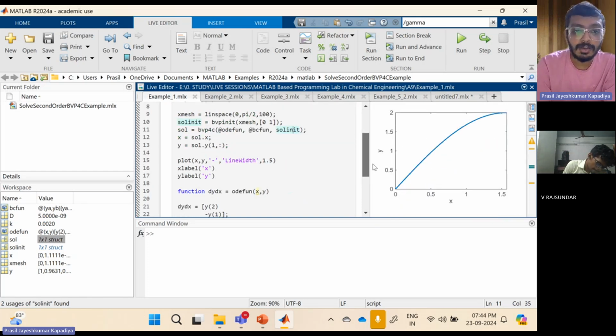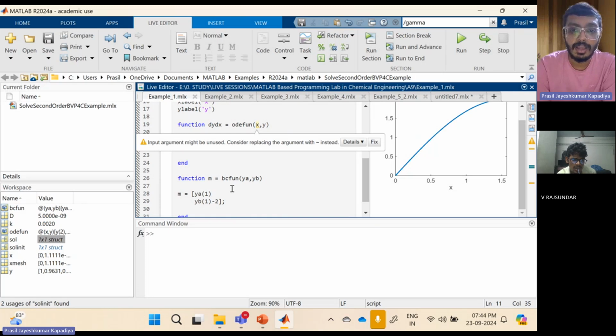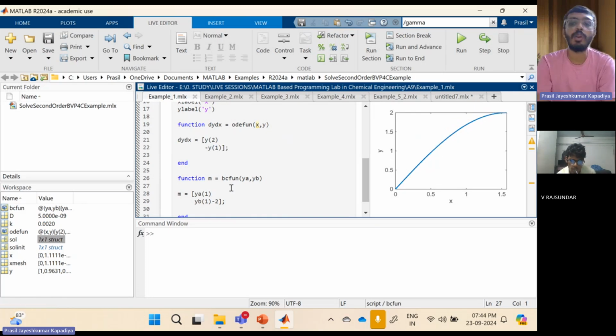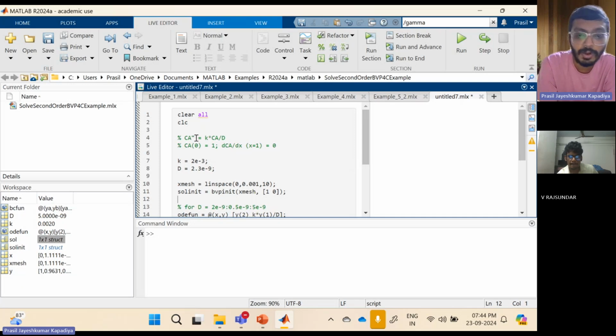To define the ODE function, here I have written one separate function, dy by dx equal to the ODE function, and here I have written one separate function for boundary conditions. For all these problems, the only difference was in the last problem, the reaction occurring in a catalyst pore, where we took the second boundary condition dCA by dx equal to 0.